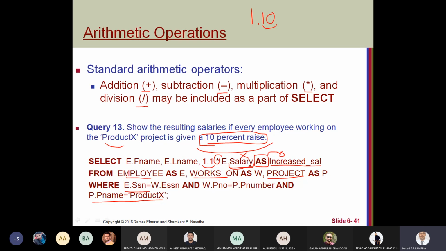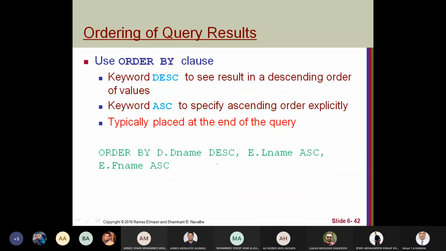So we connect between employee and works on like this, and between works on and project like this. Then we need a specific project name. Then we make the increase using the select statement. Okay, ordering of the result.